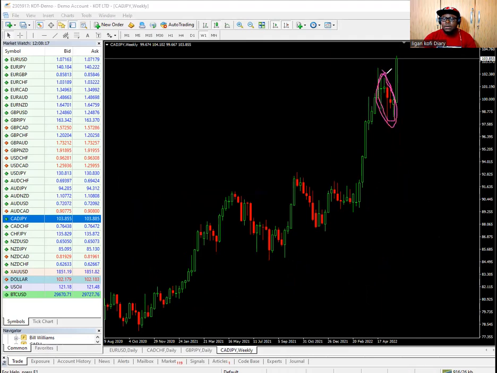Look at it here on the weekly time frame. It did the reversal on the weekly time frame already.